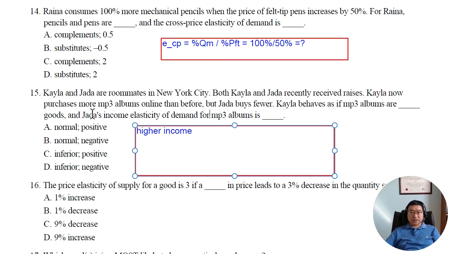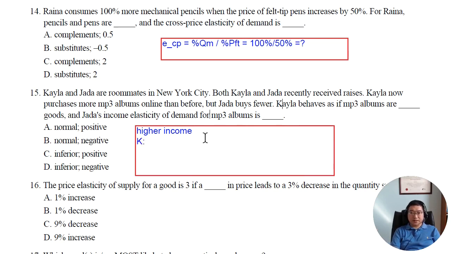Kayla now purchases more MP3 albums online than before, but Jada buys fewer, right? Kayla behaves as if MP3 albums are what kind of good? So let's write it down.